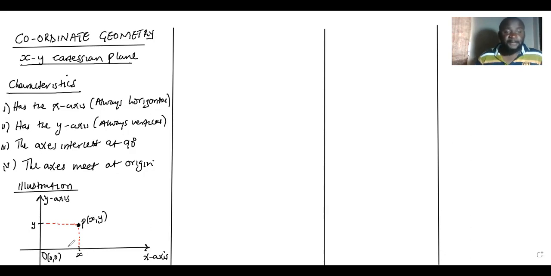So P is a point in the XY plane defined by ordinates: you move x units in the horizontal, and then you move y units in the vertical.